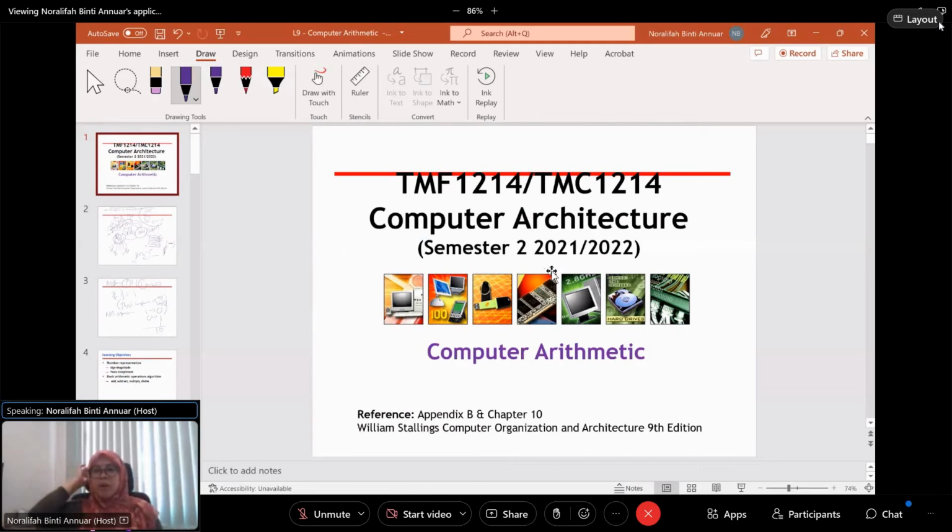Macam mana dia buat simple arithmetic operation lah. Subtract, addition, multiplication and division. Dan kalau ada negative value, how dia turn the value from positive to negative. Macam tu sahaja. So they involve a number of register based on what algorithm they are using.